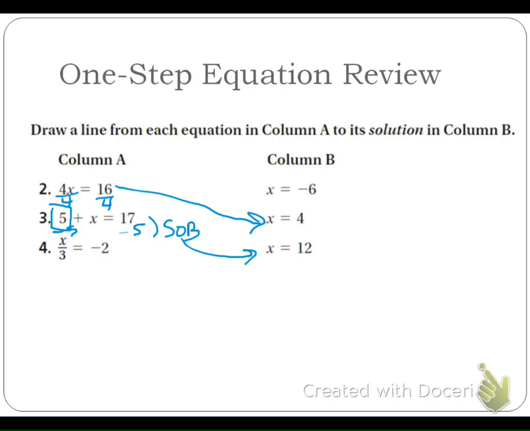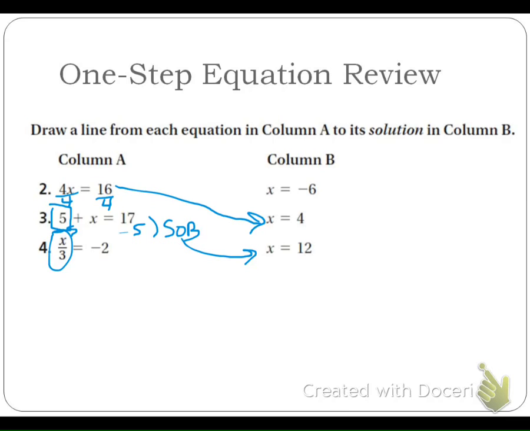Process of elimination will tell you what the last answer is, but let's make sure you understand why it is. Here you have x divided by 3 equals negative 2. On the side of the equation with our variable x, you'll see that you have a coefficient of 3 that's being divided, or it's under our variable. So what did we say to remember how to get rid of a coefficient that's under our variable?